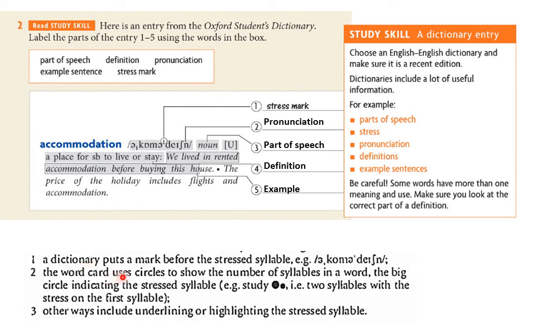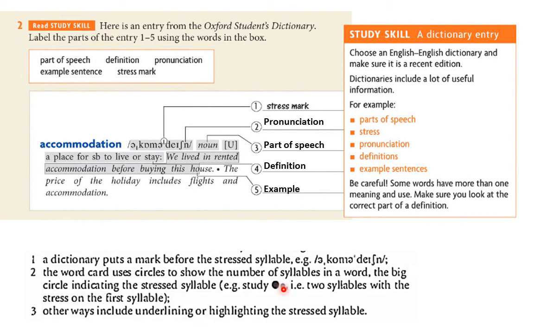The word card uses circles to show the number of syllables in a word. The big circle indicates the stressed syllable. For example, the word study, some dictionaries use circles like this.